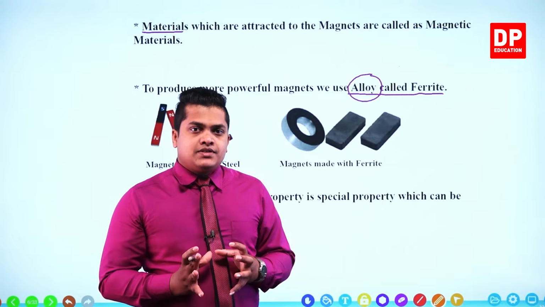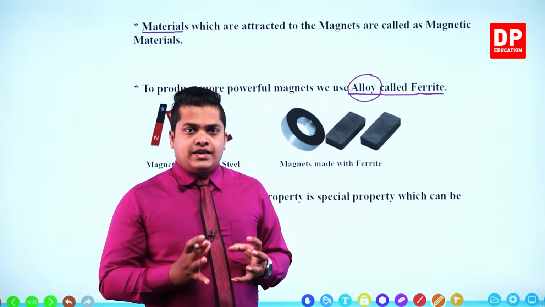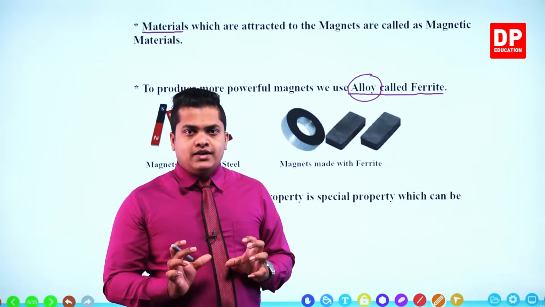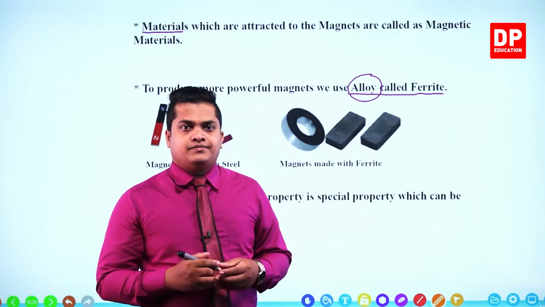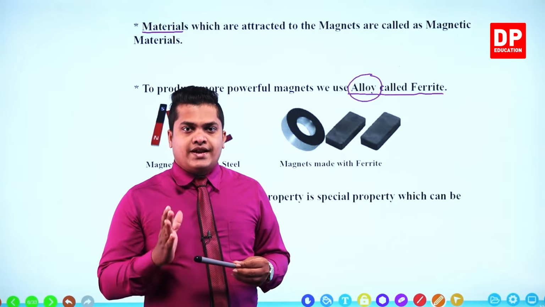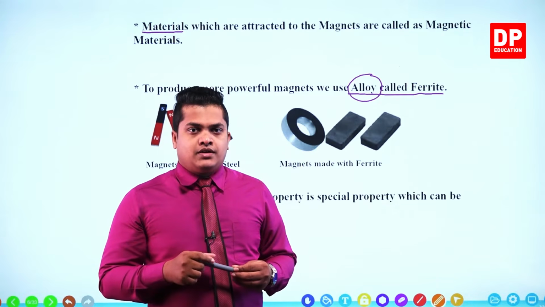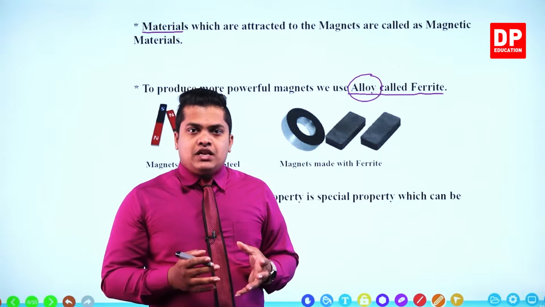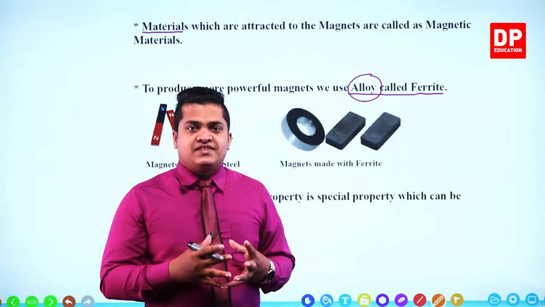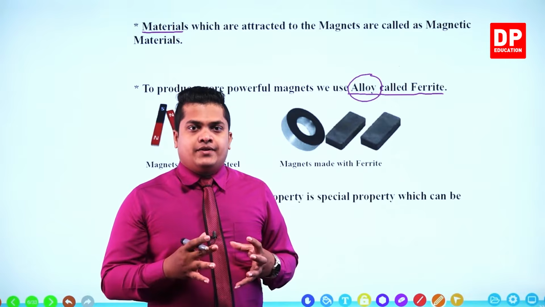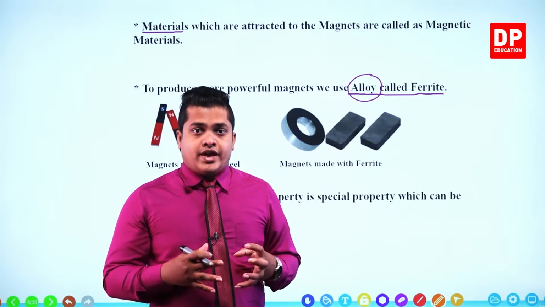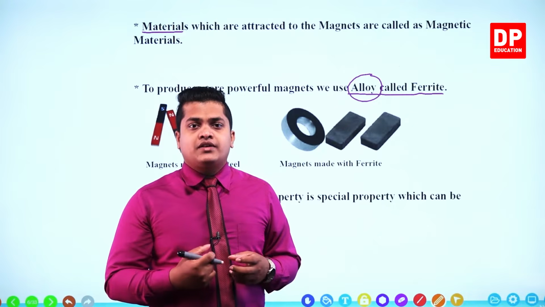There are also instances where we create an alloy by adding a metal with a non-metal. Steel, which is used to make knives, railway tracks and engine parts, is a very hard substance.